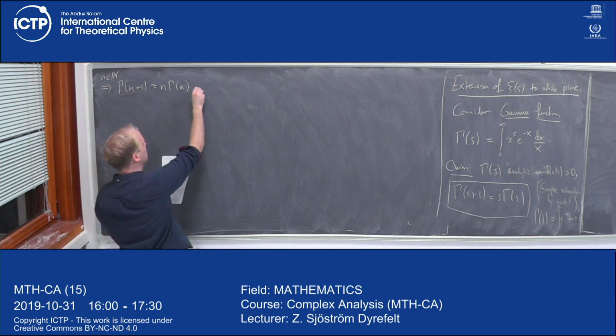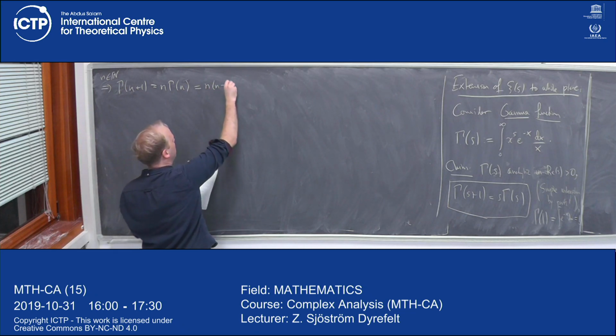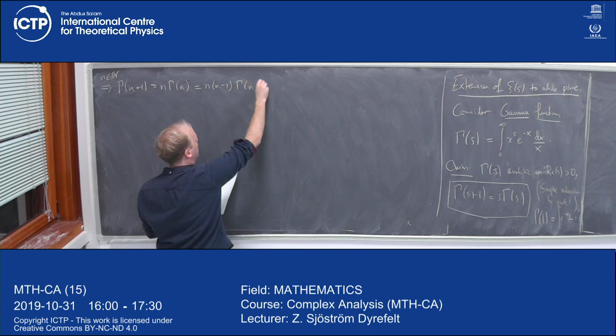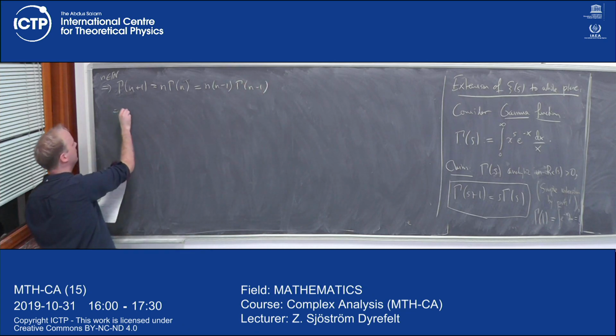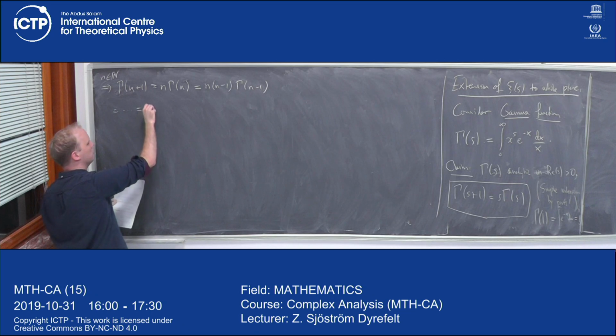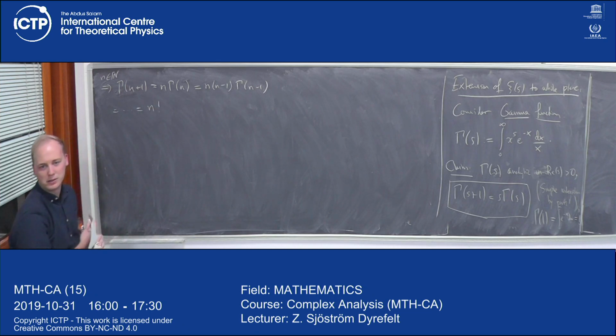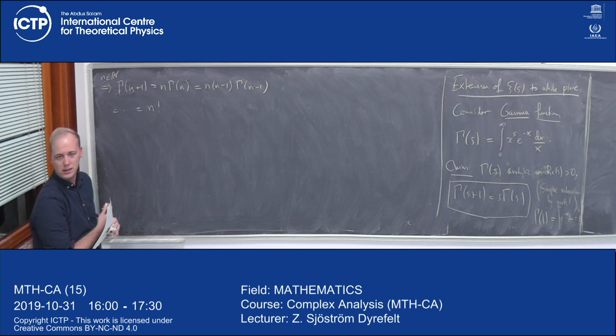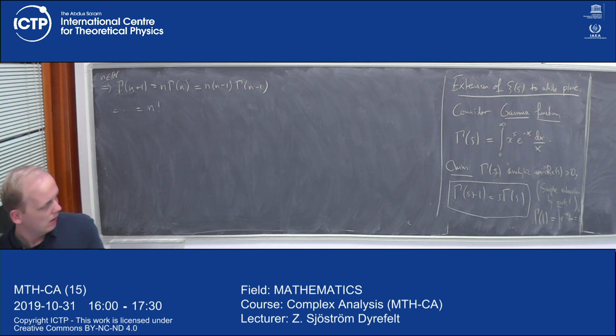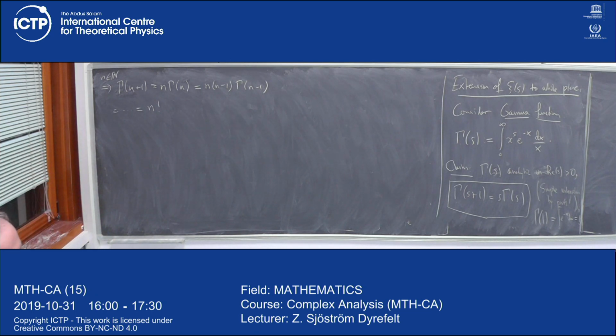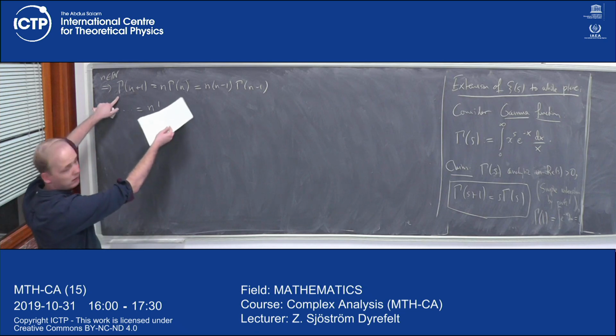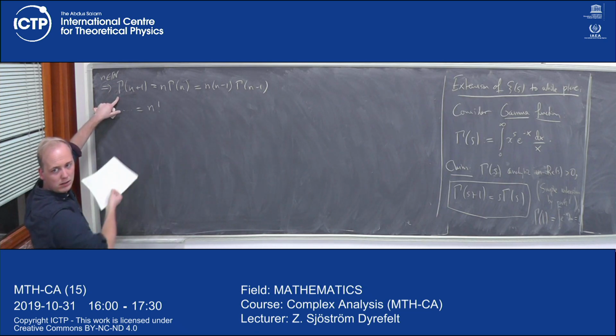So this is equal to n times gamma of n, which is n times n minus 1 times gamma of n minus 1, which is equal to, in the end, n factorial, like you said. This is s plus 1, right? Gamma of s plus 1 is s times gamma of s. It's correct like this, no? I think so.